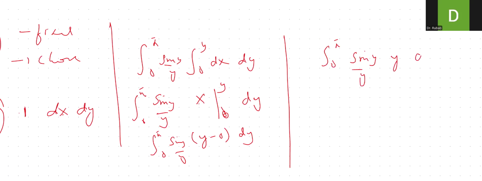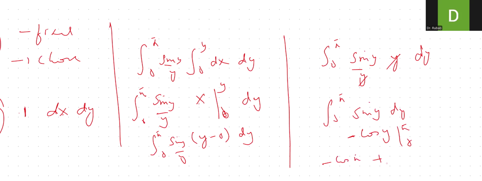So this is cancelled. The integration of sine y is minus cos y, and you apply the limit and you get the answer. Minus cos pi plus cos 0. So it becomes minus into minus 1 plus 1, and the answer is 2. Right? So you can see how easy it is to integrate with the reversing order.